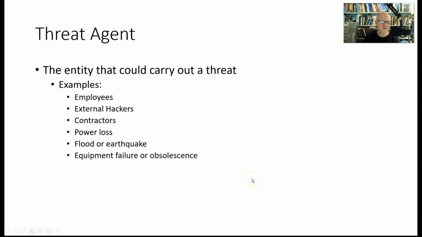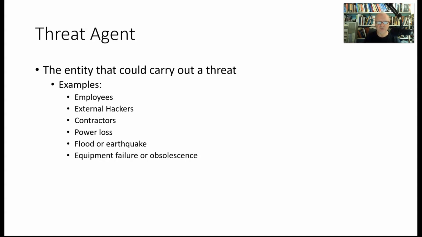The threat agent is the one that could carry out that threat. So we usually think of external hackers right away. We think of those people out there trying to steal our customers' credit card numbers. But actually, most threats are carried out by internal employees, not necessarily maliciously, often non-maliciously, just by accident or just ignorance.